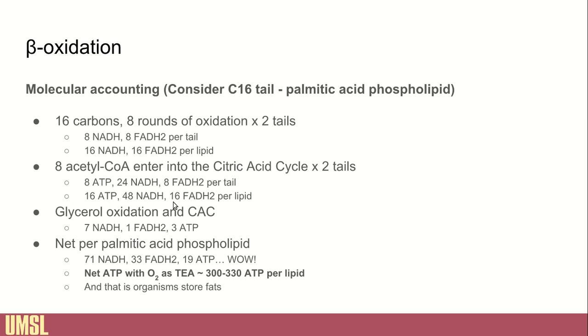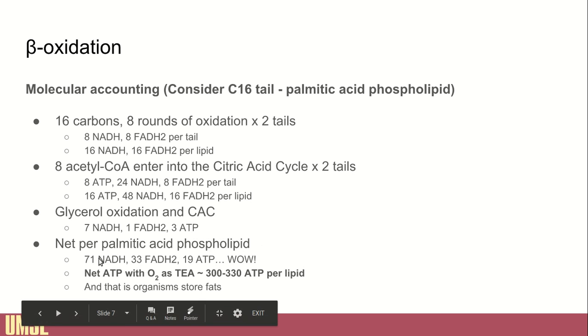So if we consider both tails, you just multiply all of this by 2. So now, if we think about the glycerol that was released, so glycerol phosphate, if we're going to oxidize that via the rest of glycolysis and the citric acid cycle, if we do our accounting, we'll get 7 NADH, 1 FADH2, and 3 ATP from essentially burning this glycerol.